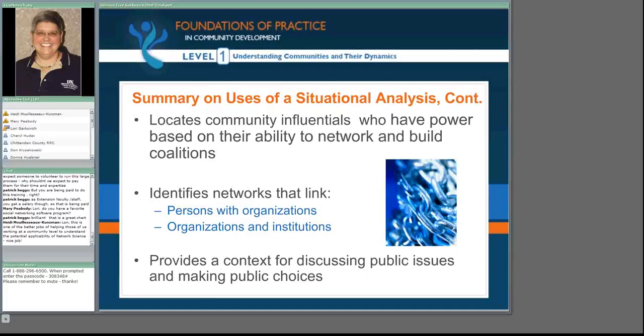And it allows us to identify the networks that link people with organizations and organizations with institutions, both inside and outside the community. And I really think these situational analysis techniques can help us provide a context for discussing difficult public issues and for making public choices.